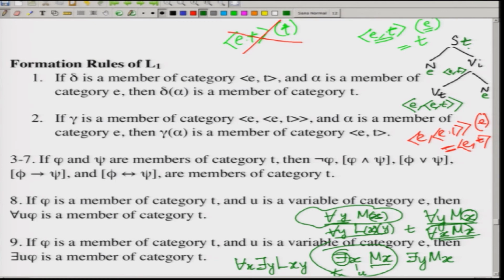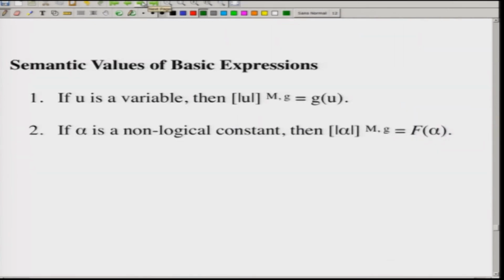So we go to the next level: semantic values of the basic expressions. If u is a variable, then u's value will be determined by g, the value assignment function. The value assignment function gives values not to the constants, because constants have different values, but to the variables.